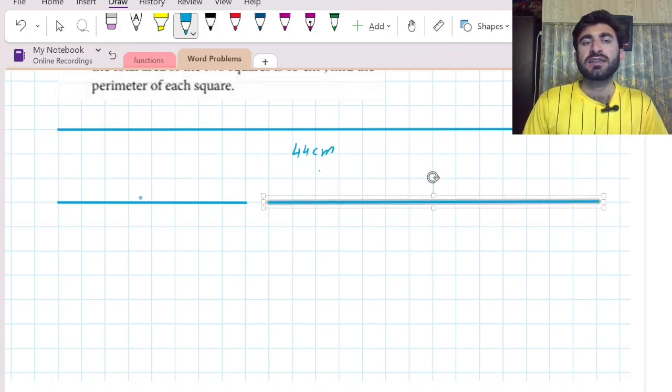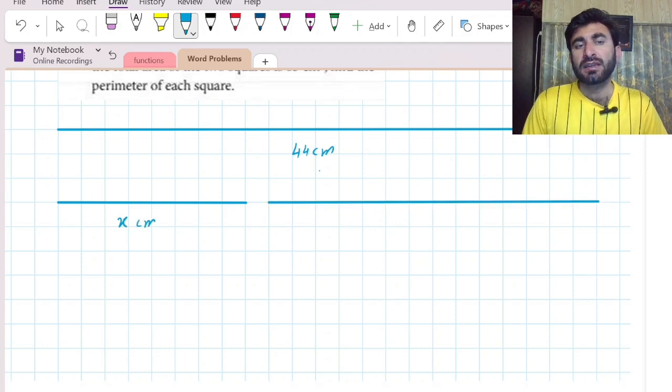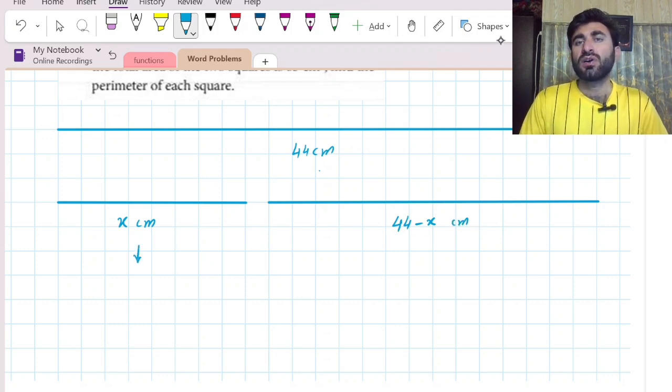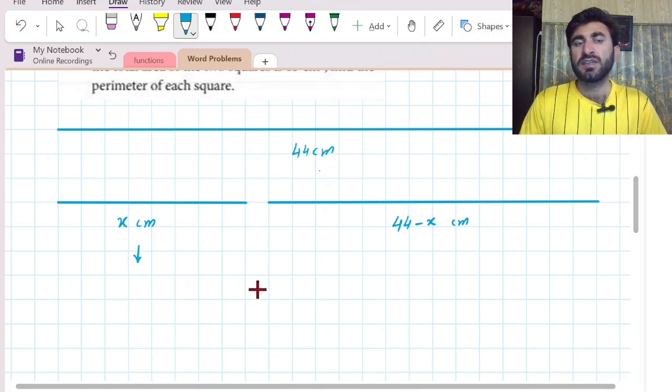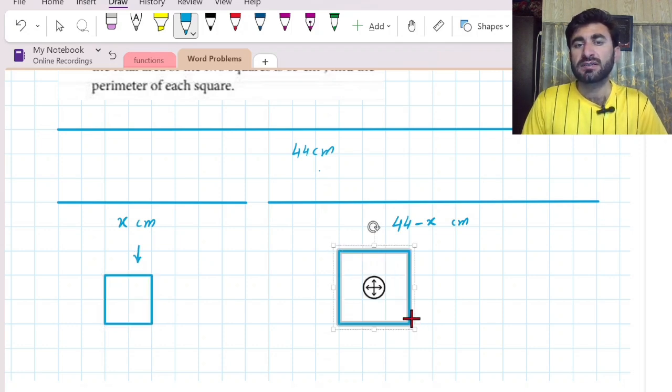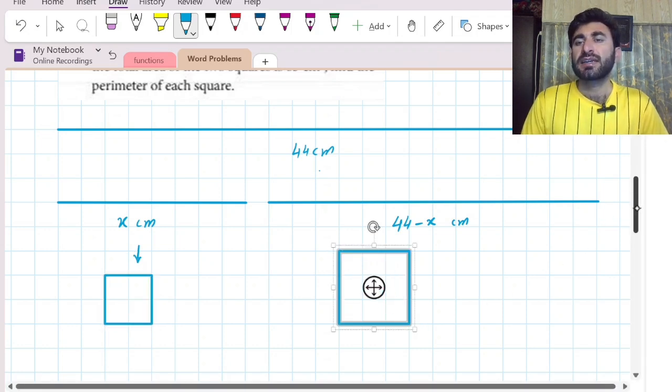So if I say the length of one part is x centimeter, then the length of other part will be 44 minus x centimeters, right? Now we turn these wires into square. So let me draw a shape over here. This is a square made from the first part, and then suppose that this is the square made from the second part.